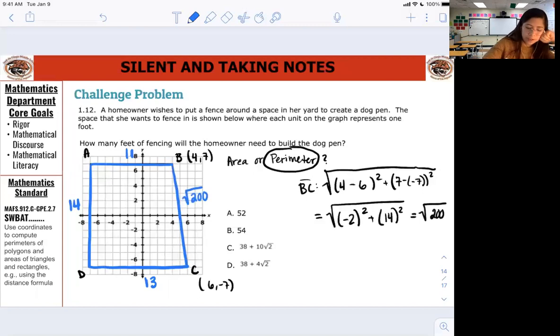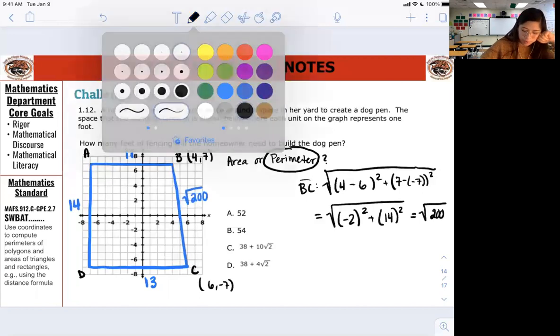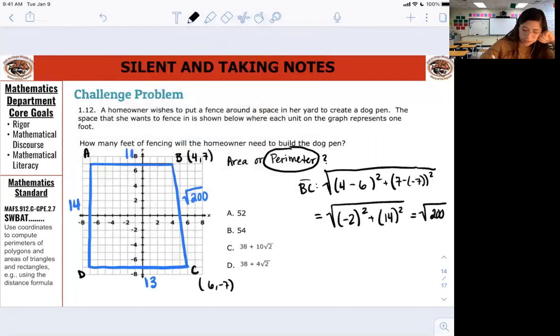It's an irrational number. So I'm going to leave it as the square root of 200 because look at the answer choices. These answer choices look like they're going to keep it as a radical. So let's add up everything except for the square root of 200. What's 11 plus 14? Because the perimeter is going to be 11 plus 14 plus 13 plus the square root of 200.